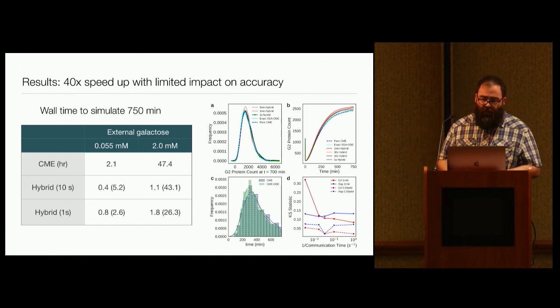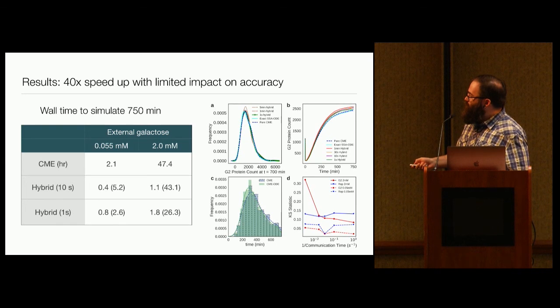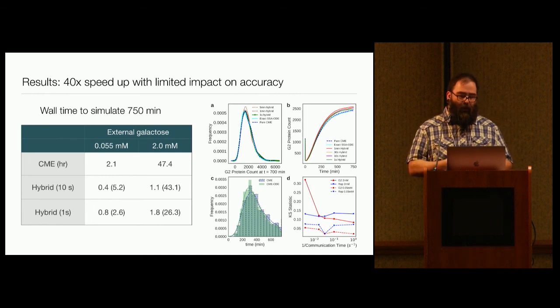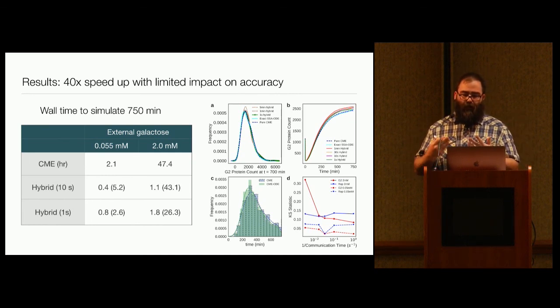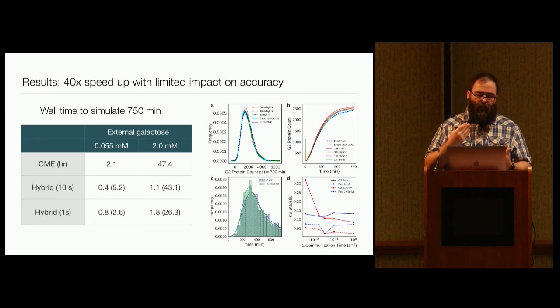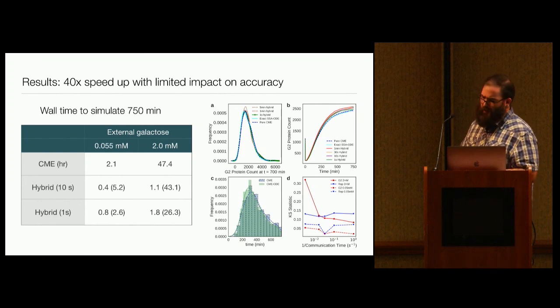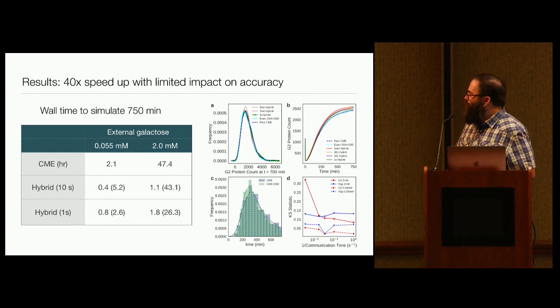The choice of the communication time appears to be important though. If you take too short of a communication time, the G2 copy number distributions between the CME and the hybrid simulations start to diverge, and there's probably some sort of instability there that we're not really understanding completely well.